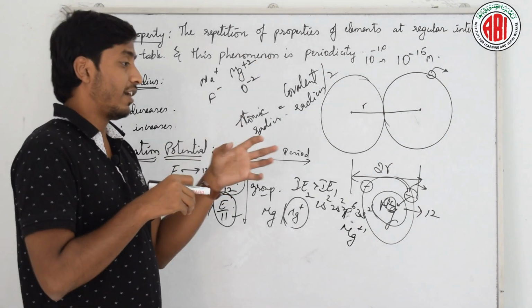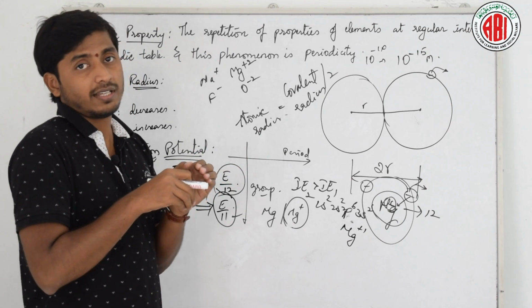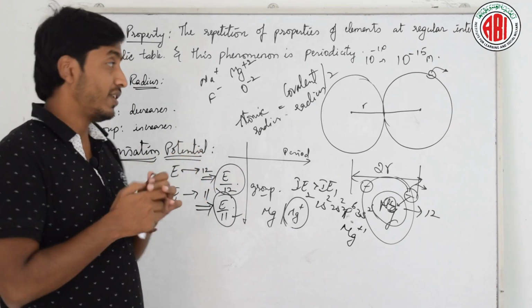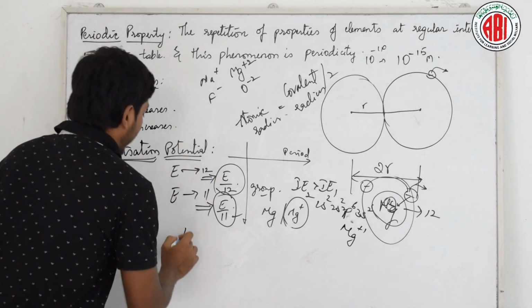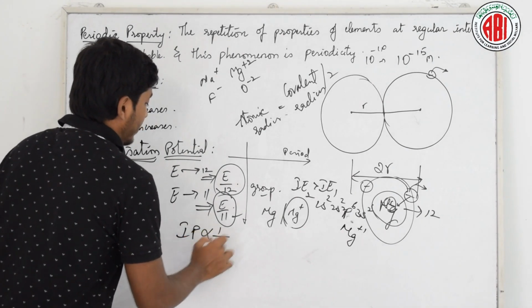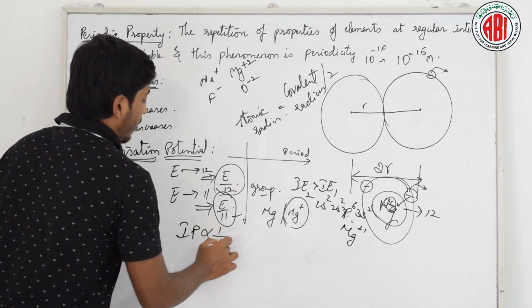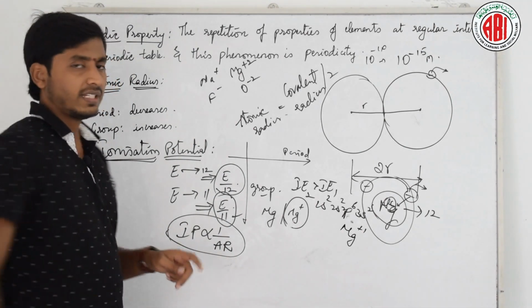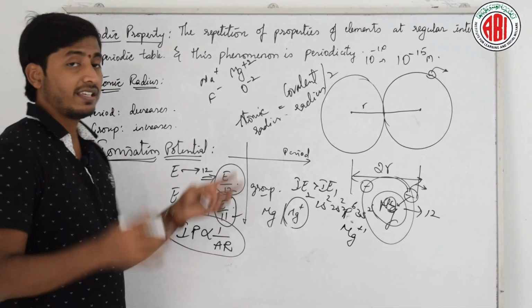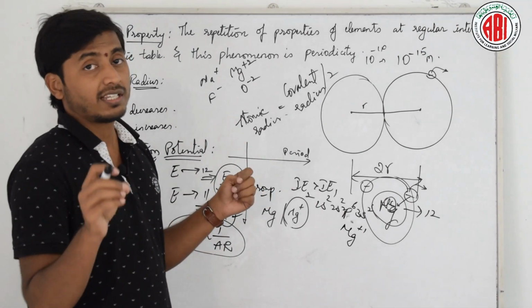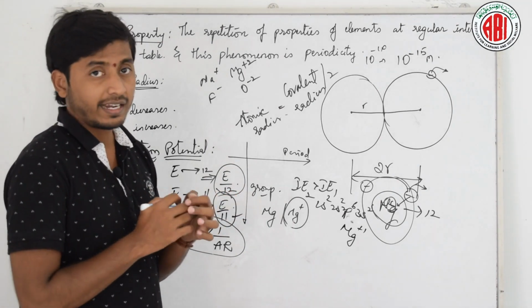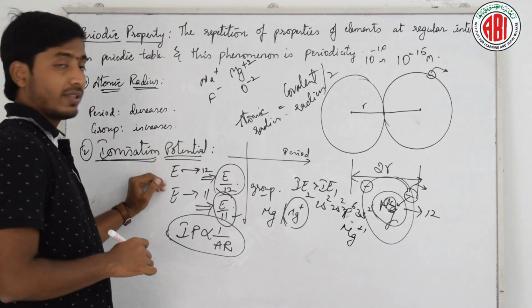If an electron is very close to the nucleus, then it is very difficult. Which means ionization potential is always inversely proportional to atomic radius. As atomic radius is very high, ionization potential is very less. From this too, we can conclude this, right?